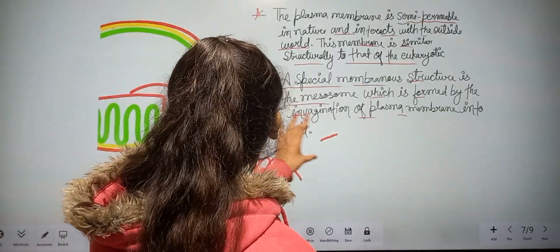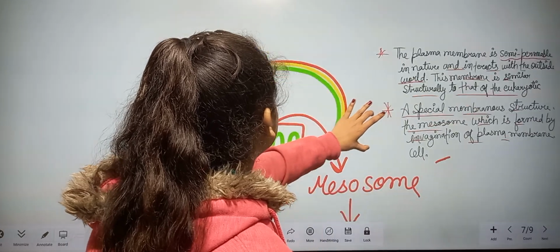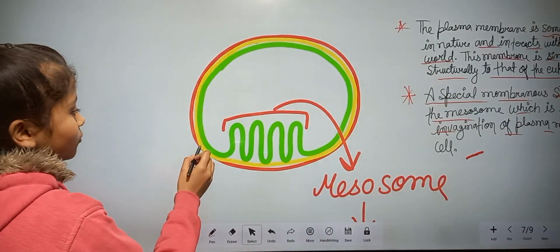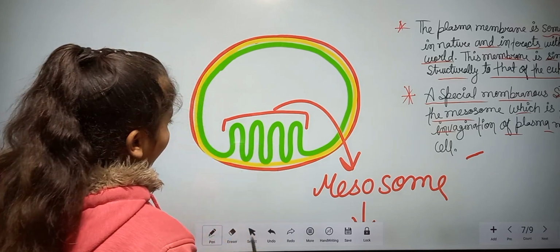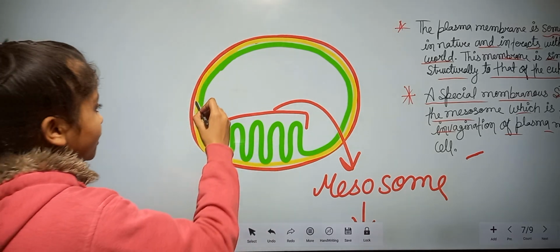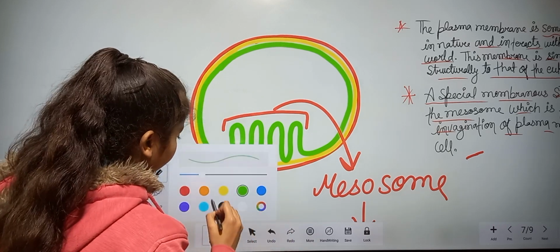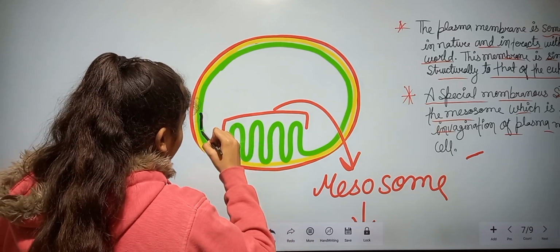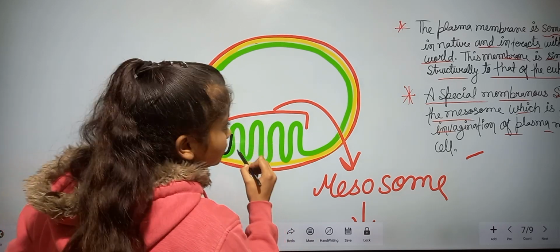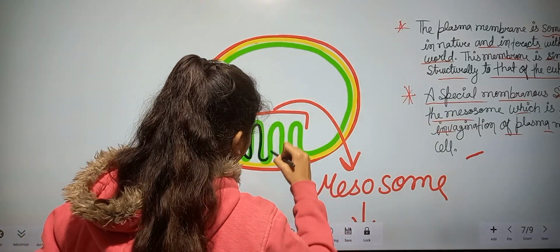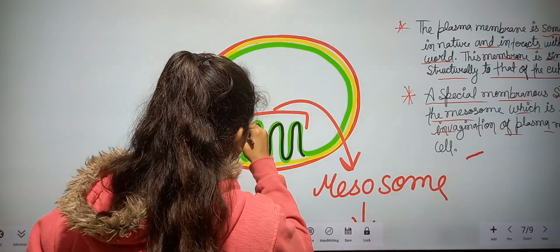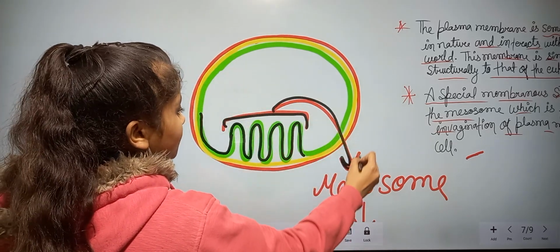Here we can see that in the prokaryotic cell, the outermost is called the glycocalyx, then the cell wall, and the innermost is called the plasma membrane. And we can see that the plasma membrane invaginates inward like this, and this performs like a mesosome.